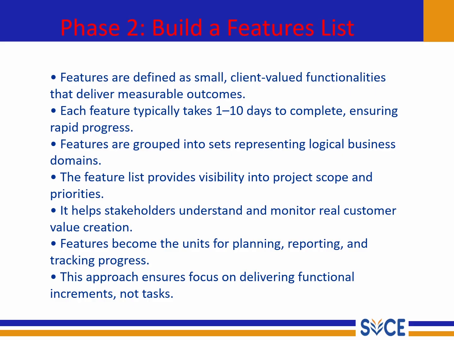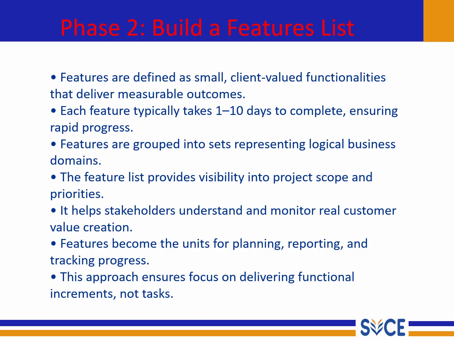The feature list plays a big role in defining the project scope and priorities. It gives everyone, especially stakeholders, a clear view of what's being built, how much progress has been made, and what's coming next.